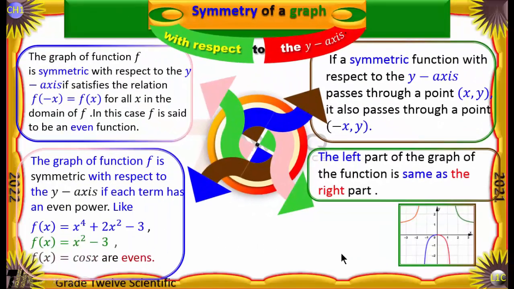These kinds of functions are called even functions.